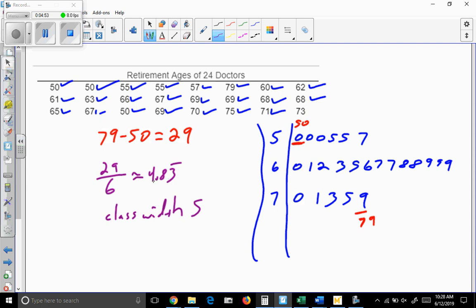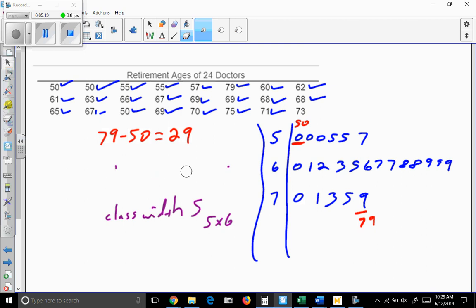If we were to round down to 4 and we have 6 classes, then that's going to cover a range of 24, but we have a range of 29. Whereas if I round up and I have 6 classes, that covers an expanse of 30 units. Our range is 29 units, so it's better to be a little bit too large than not large enough. So that's how we get our class width.